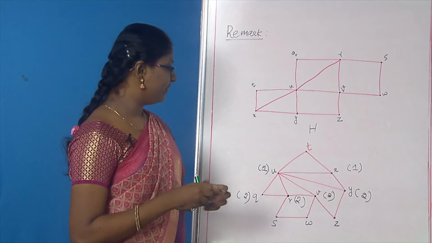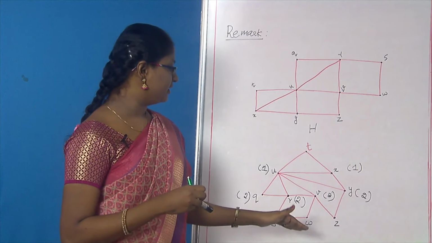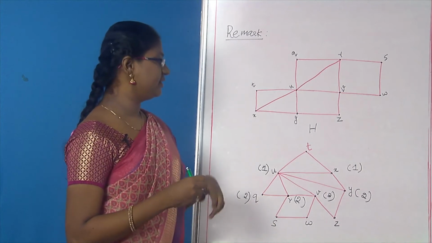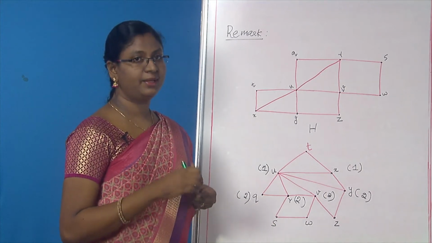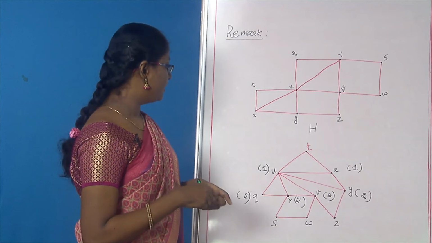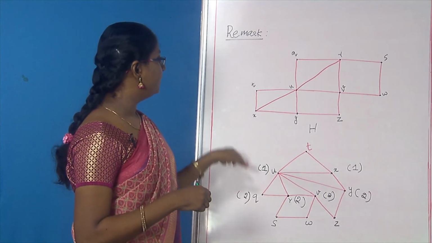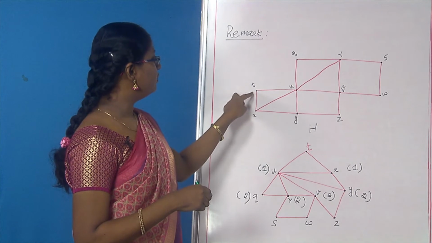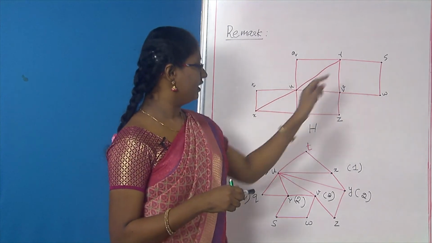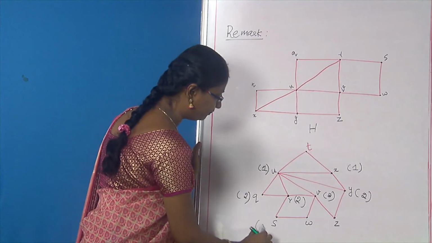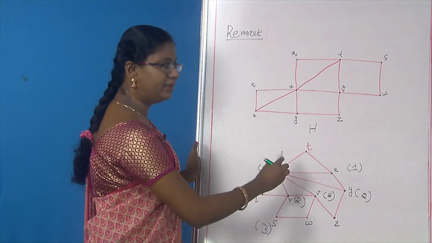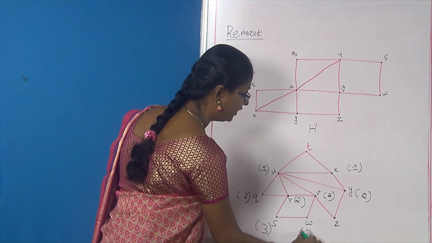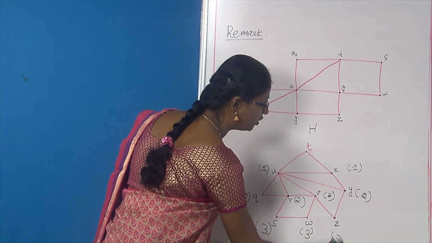And for the next level, you can easily guess the distance of these vertices from the vertex T will be higher than 2. So, if you consider the distance from T to S, I can go like this: 1, 2, 3. So, the distance here is 3, and the distance from T to W is also 3, and the distance from T to Z is also 3.